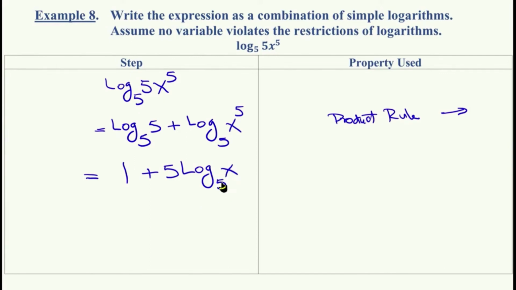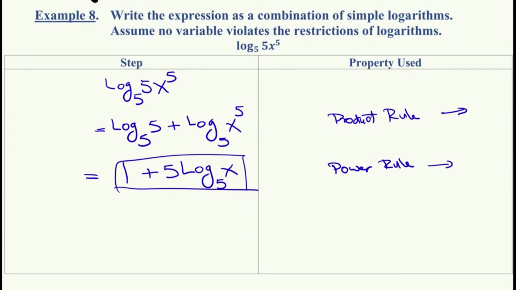And there's really not much else we can do. So here at this point, we are done. And the property we used here was the power rule, also used from left to right. And that will be the final answer of the rewriting of that expression.